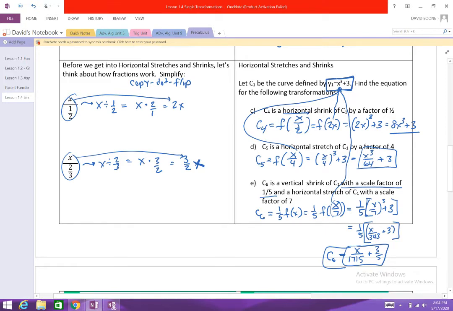Oh, I'm sorry, I lost my third in here. How'd that happen? All right. This graph here, compared to this original one, is shrunk vertically by 1/5, but then stretched horizontally by 7 times.